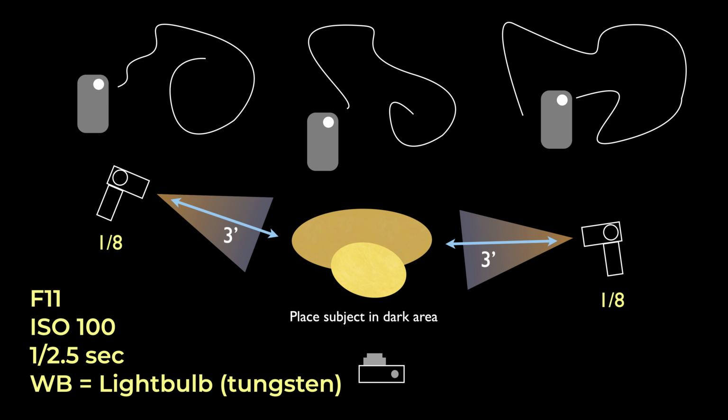Then what did I do? I needed to calculate my flash at f11 using the inverse square law, bringing it in half the distance at 3 feet. Why did I bring the flashes in 3 feet? I wanted to narrow the light.